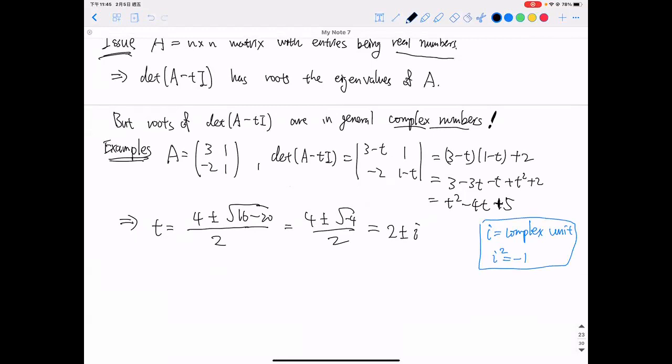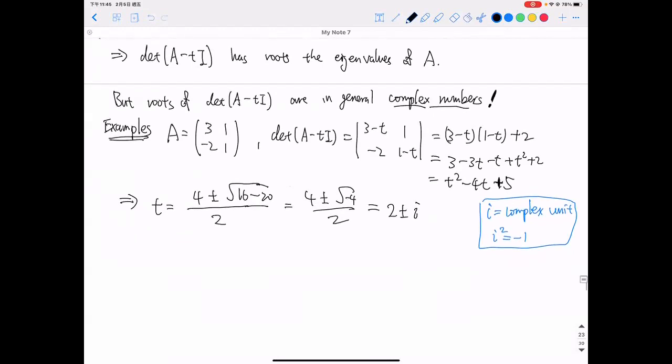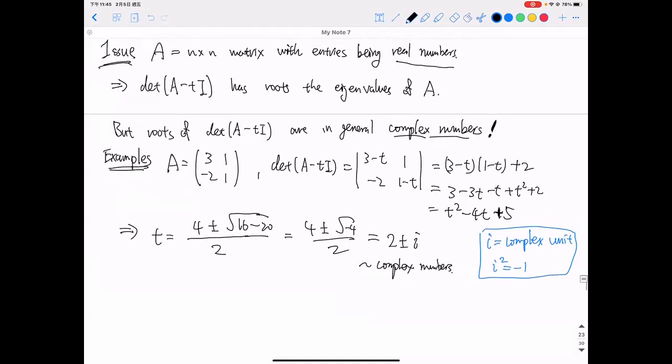So this is evidently a complex number, or these two are evidently complex numbers. So we must be able to deal with the fact that eigenvalues can be complex numbers. And this is important also in the process of solving for eigenvectors, right?